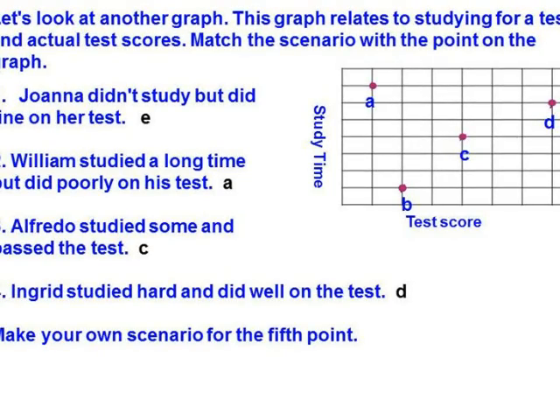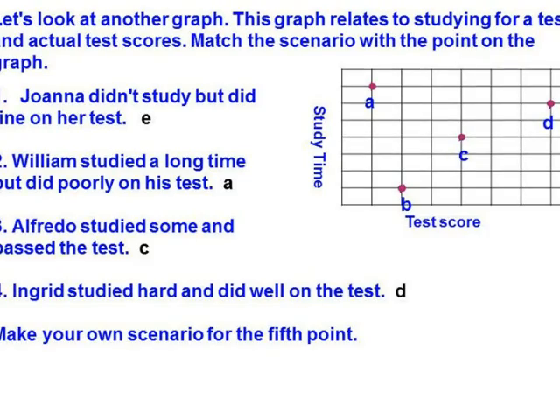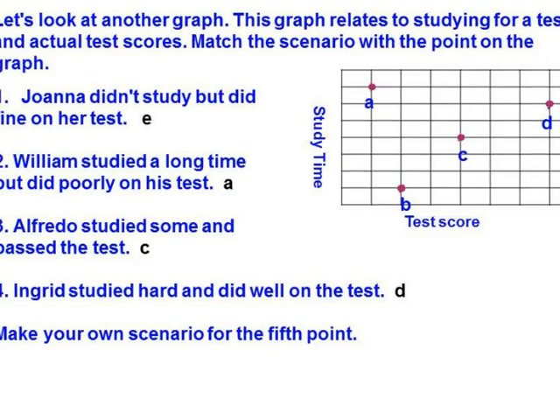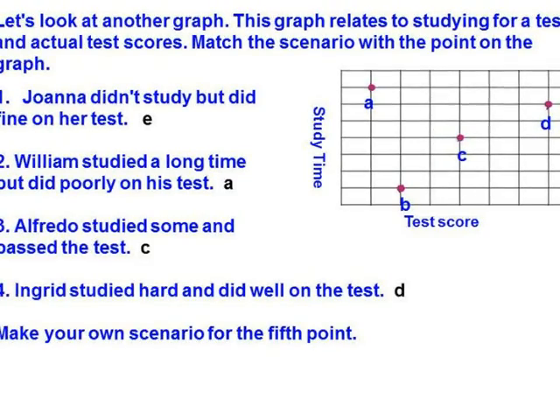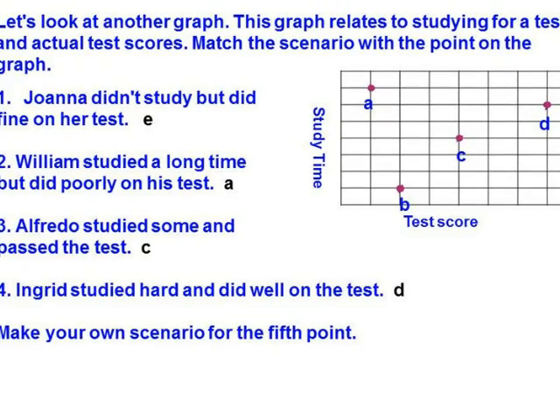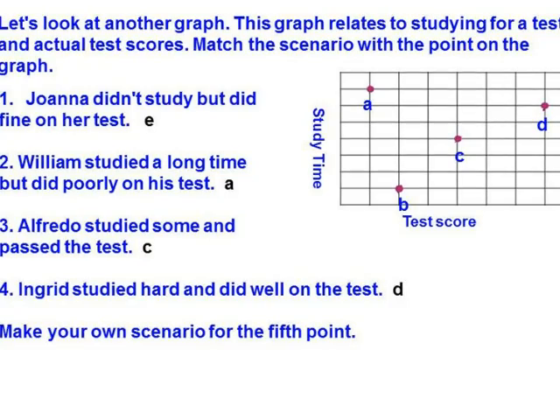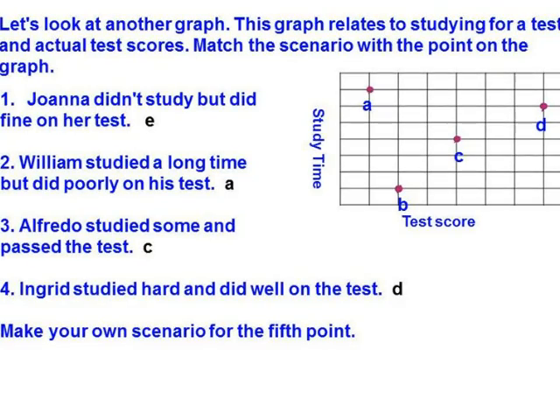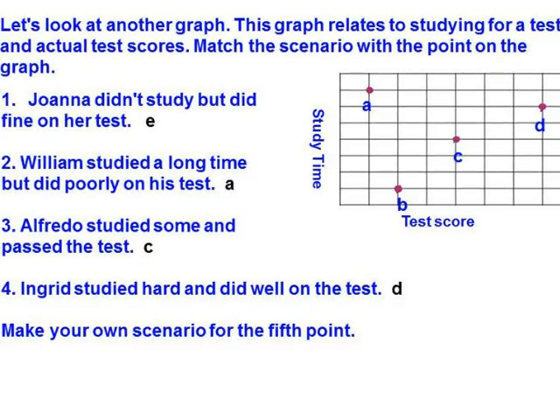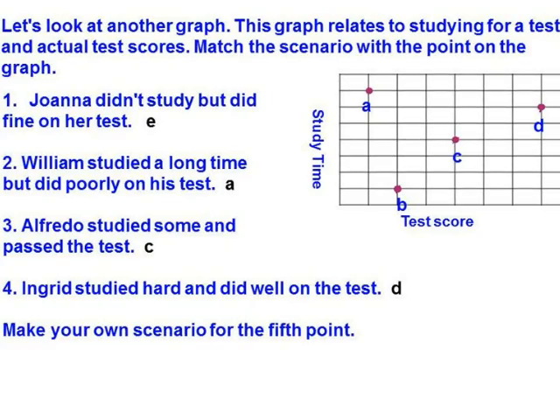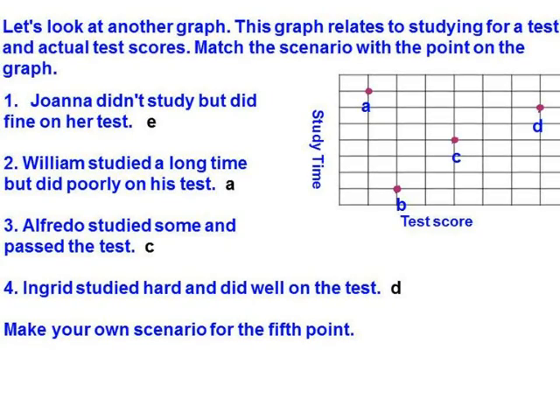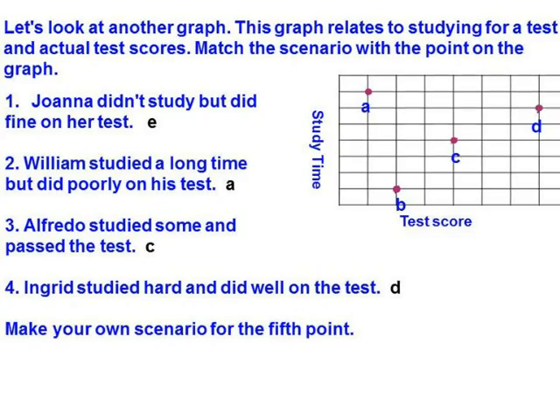William studied a long time but did poorly on the tests. Now look at the study time. Read the question and look at the study time. Study time is the vertical axis. So A shows a long study time but a really poor study outcome, which is the test score.